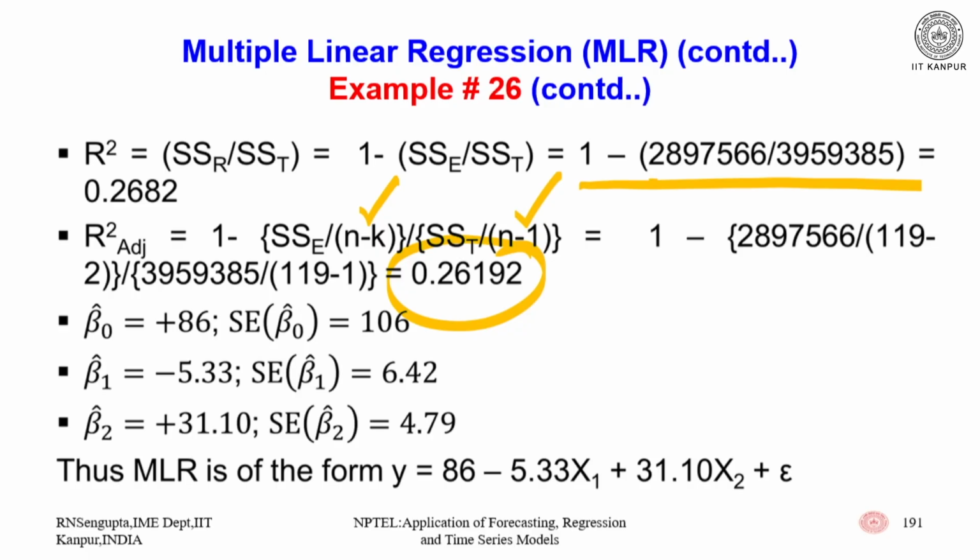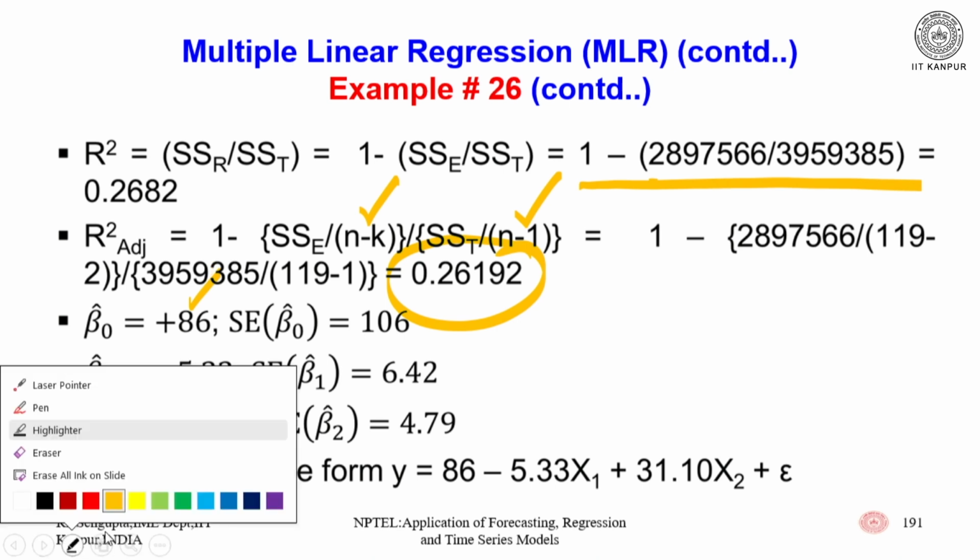So, obviously, do not think that R square adjusted problems would not be there, which means that the choice of variables based on which you are doing that study has to be found out. The best set of random variables x1, x2, x3 have to be found out such that the best fit is possible in the regression model. Based on the simple study, we have beta naught as plus 86.